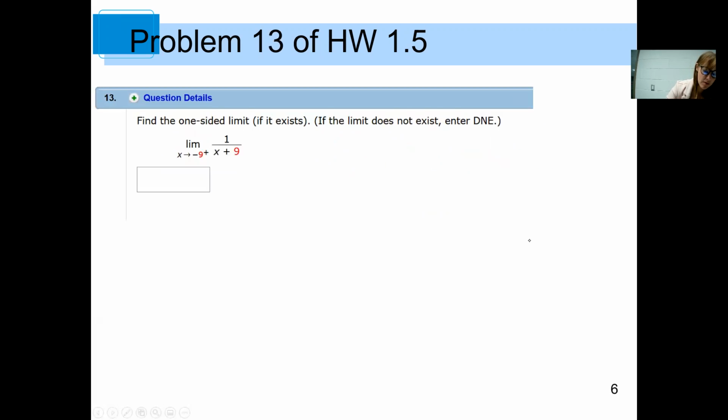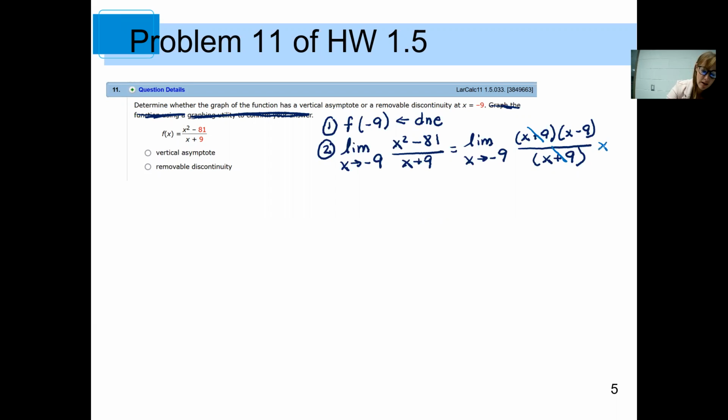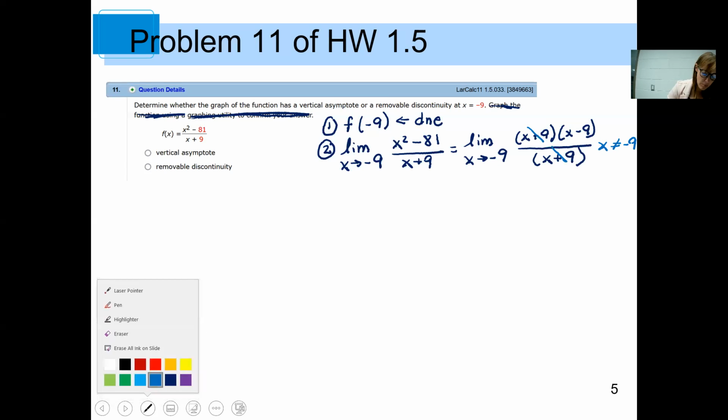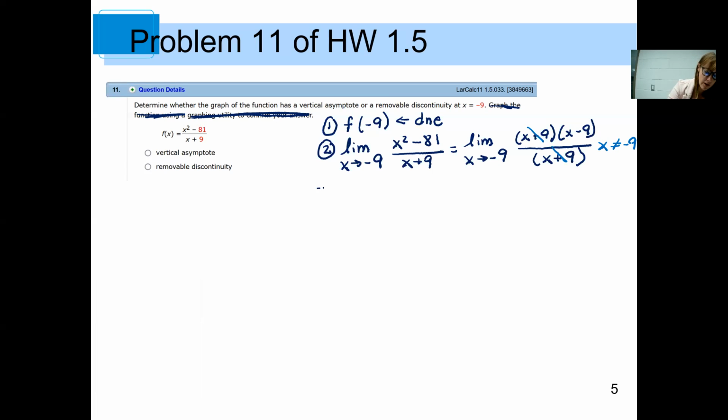It might be good practice just to note that x does not equal -9. We're going to say that the limits are equivalent, but the functions aren't, and that's why it's very important to keep that limit notation on there. So we're looking at the limit as x approaches -9, because again, these aren't equivalent functions. Their limits are equivalent, but the functions aren't.